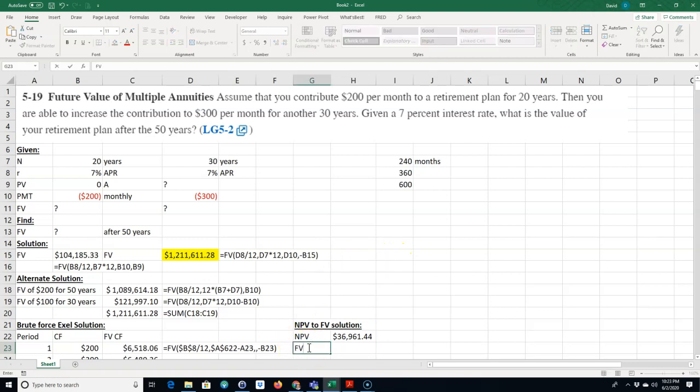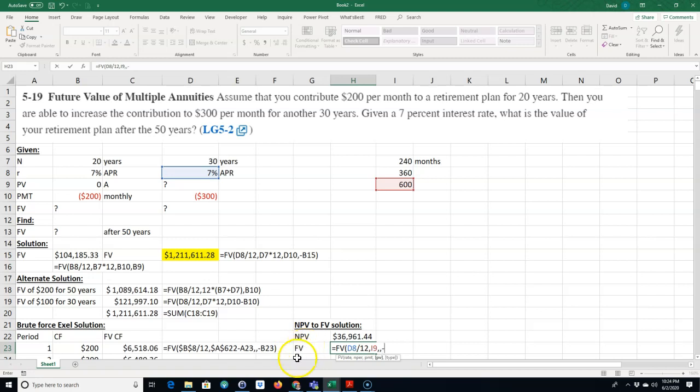So I want to find the future value of those. So I'm going to go equals future value. And the rate, again, is going to be 7% divided by 12. And it's going to be 600 months. We're just going to go ahead and click on the 600. And there's no payment. And we're going to consider this the present value.